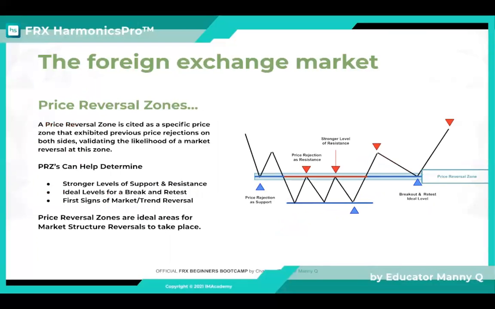In addition, we spoke about price reversal zones and how to find particular zones in the market that exhibit certain features of price rejections on both sides to give us stronger areas of support and resistance, that give us strongest areas of supply and demand, so on and so forth.